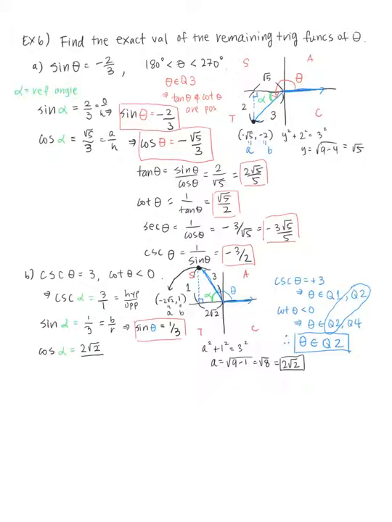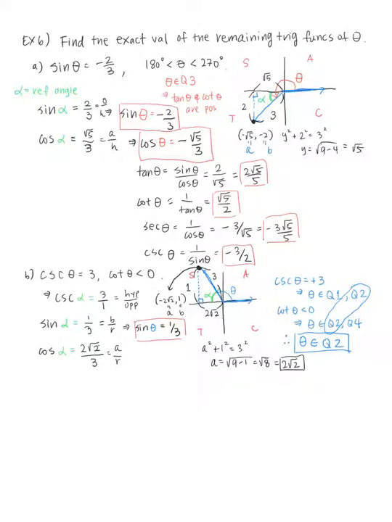And the hypotenuse is 3. So it should make sense because cosine of theta is A over R. So our A is negative 2 root 2 and our answer should be negative 2 root 2 over 3.